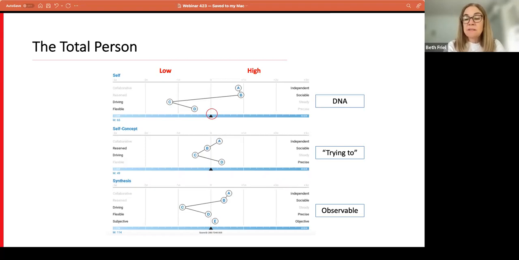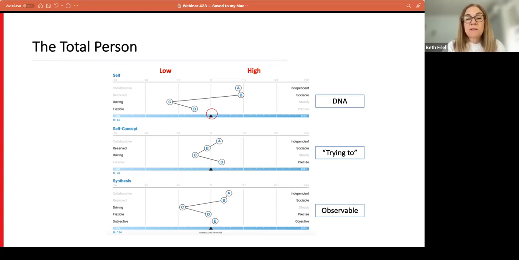But the self is validated to be accurate for up to 8 years. And the self-concept is, hey, I'm adapting to do my job as well as I can. And the third graph is synthesis, observable behaviors.